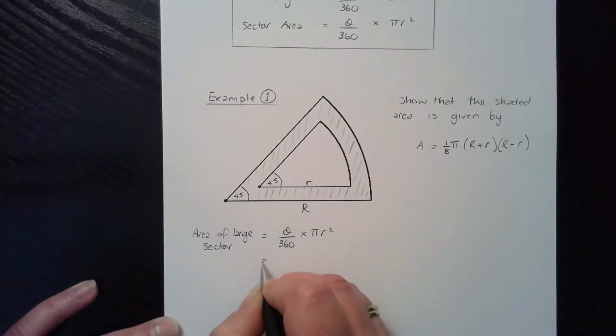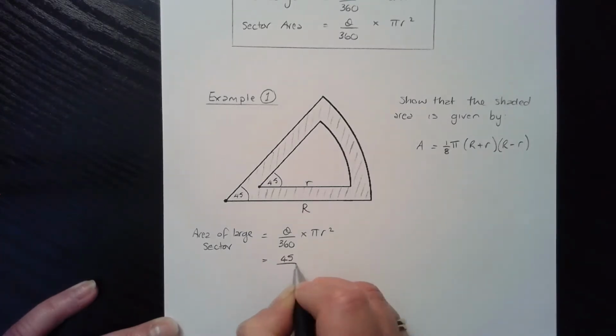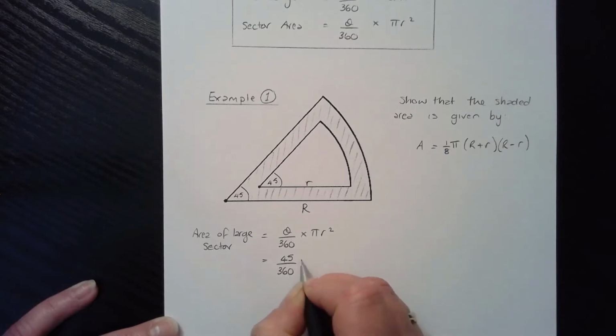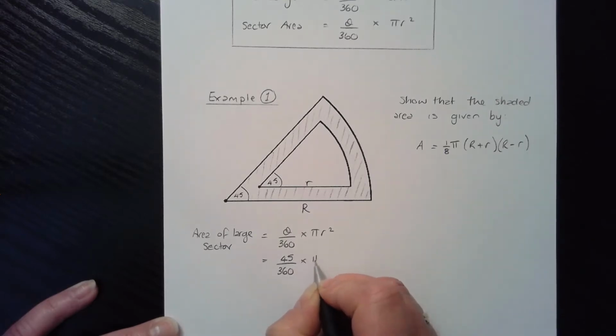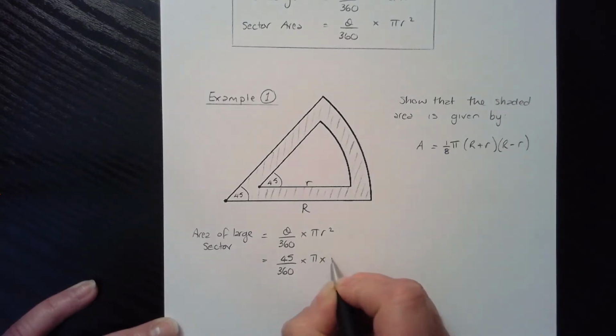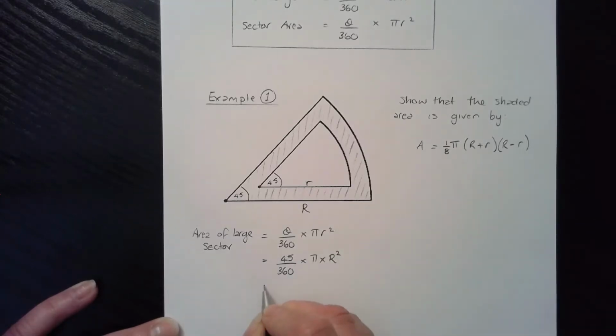Substituting what I know, the angle is 45 over 360 times pi times, and in this case the radius of the large sector is big R squared. So I can't get a numerical answer, but I can simplify it. So this cancels down to 1/8. This is simply pi big R squared. So that's the area of the large sector.